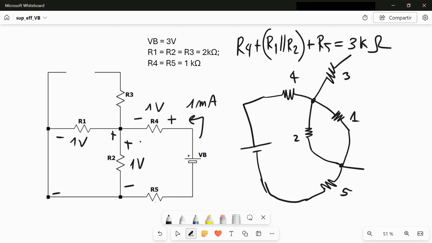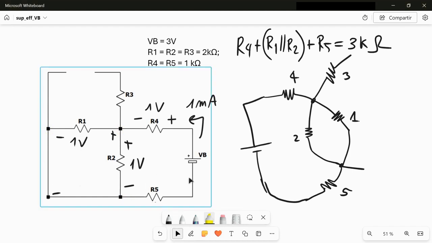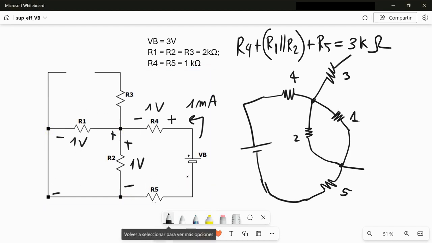It is exactly the same from this point to this point. So I have 1 volt here and 1 volt in R5 with this polarity that then sum up and give me 3 volt here.